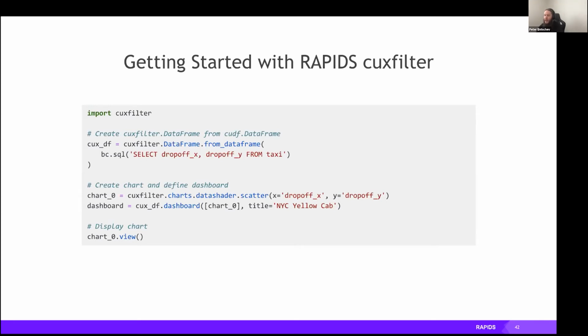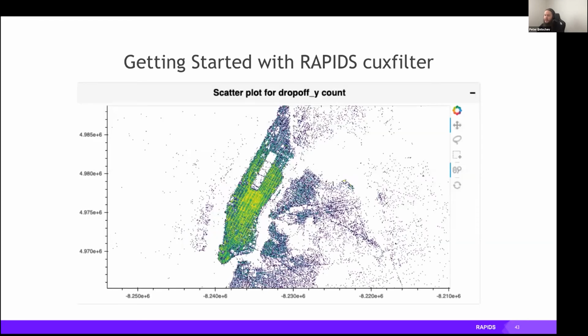And then we create a dashboard from that scatter plot, and we display the chart. The resulting chart that we get can be seen in this plot. The lighter green and yellow means higher density of points, and the blue points represent lower density in this case.